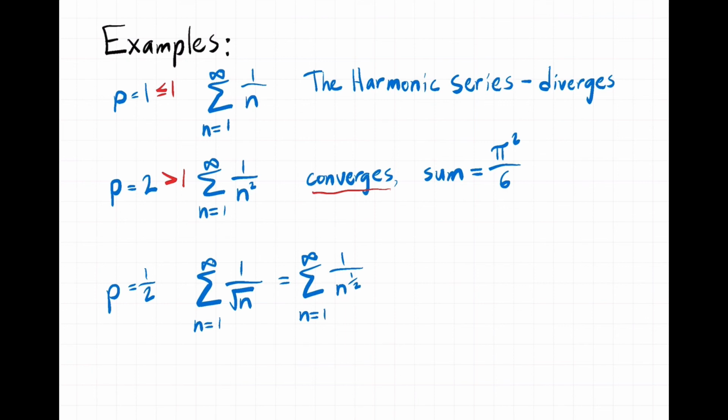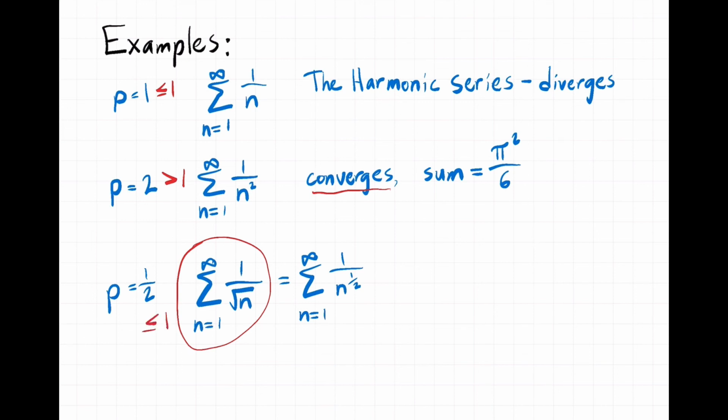What about this last series here? The sum as n goes from 1 to infinity of 1 over the square root of n. Well, that is a p-series with p equal to 1/2. Does that series converge or diverge? Well, p is equal to 1/2. That is less than or equal to 1.